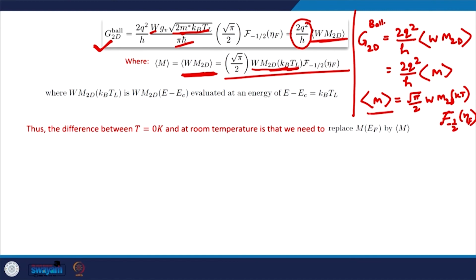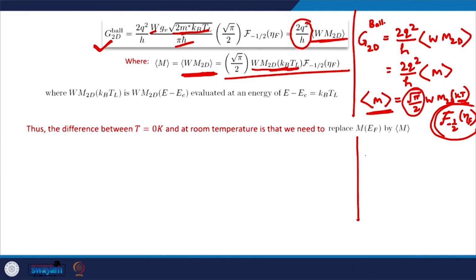So, what this means is that this average of M is the average of modes in the Fermi window, in the energy range of KT.